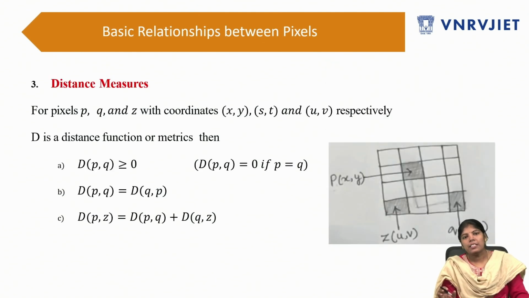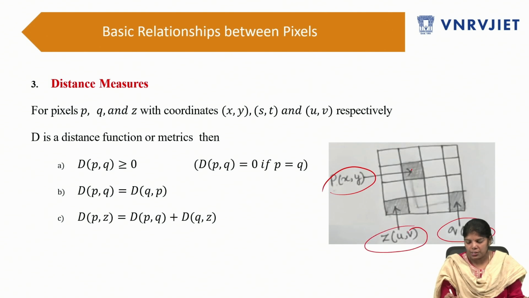And also we have the distance. This is also an important topic in the basic relationships between pixels: how we measure the distance between two pixels. We already know an image is represented in grid format, and each grid has pixels. Here P of x comma y, Q of s comma t, and Z of u comma v.